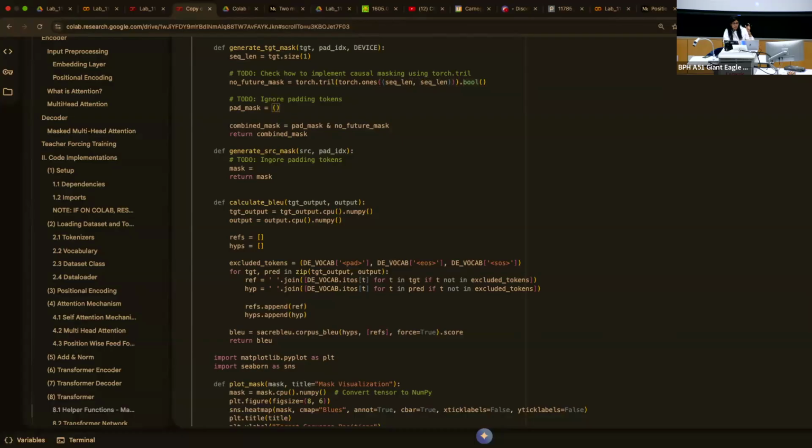We assigned some special tokens for padding, for unknown characters, for SOS and EOS. So basically, we want to ignore those padding tokens completely at this stage.